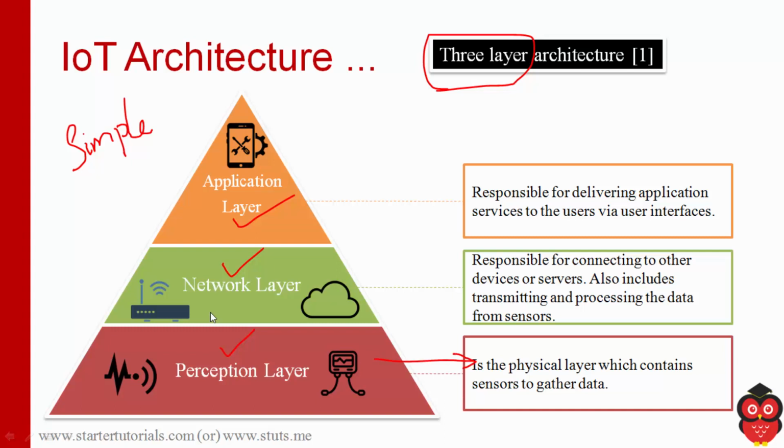If you see the perception layer, the different things available in the perception layer are the IoT devices, sensors, actuators, and any other hardware components. So the perception layer contains sensors, actuators, and IoT devices.